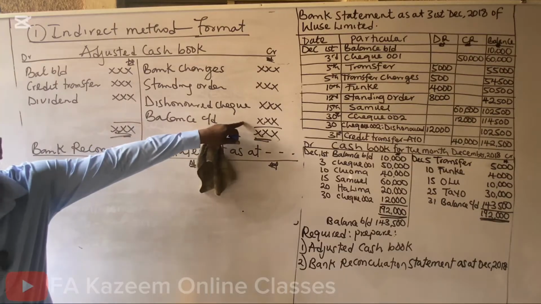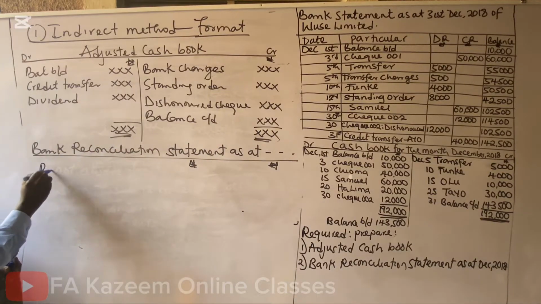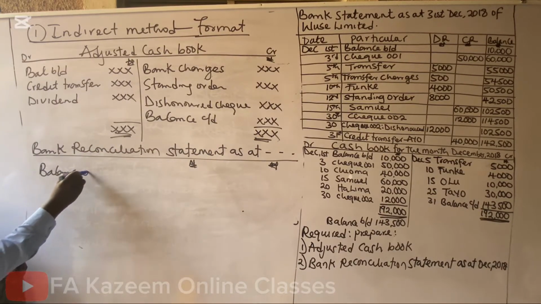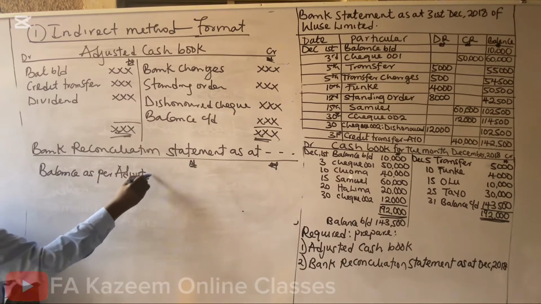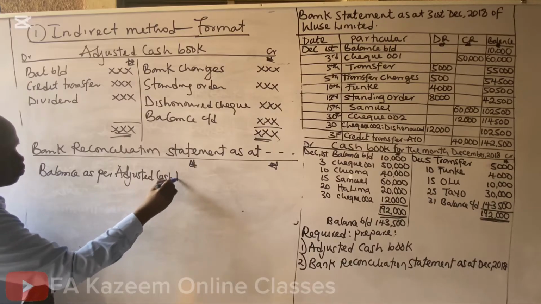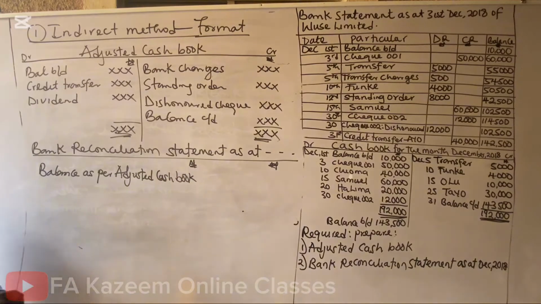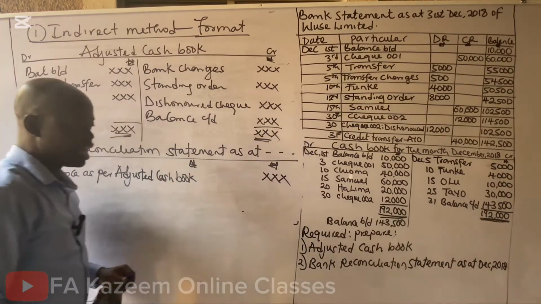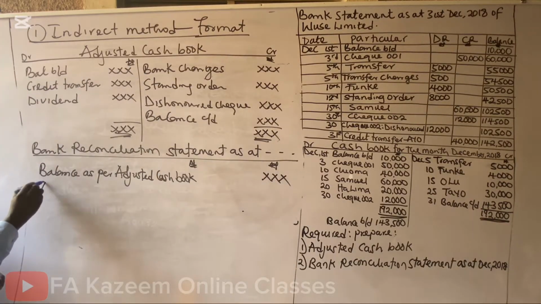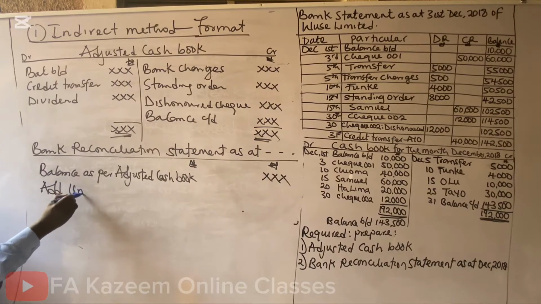The balance we have here, we'll call it balance as per adjusted cash book. Balance as per adjusted cash book is this balance. Out of those factors that are affecting, we said add unpresented check.